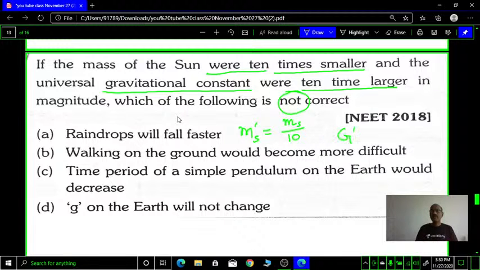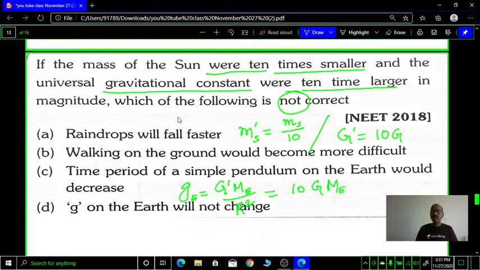Similarly, the gravitational constant G dash will be 10 times larger than the original G. This is the condition given. Now on the earth, we know the formula small g equals GM by R square. So g dash on the earth will be 10 G, G increases 10 times, right?